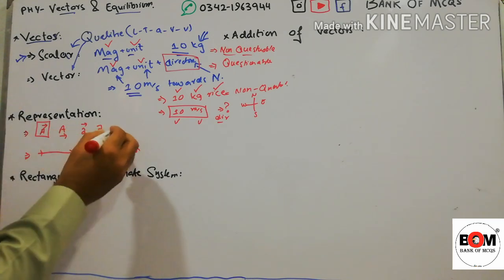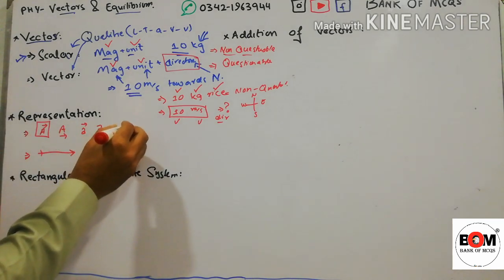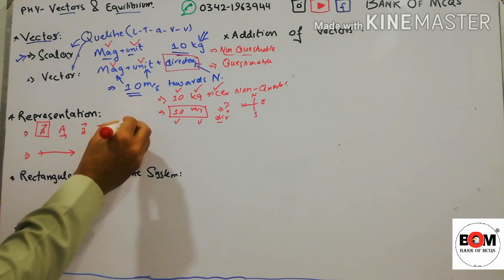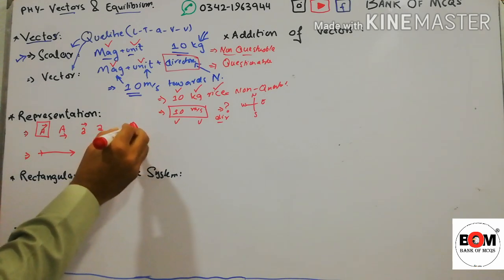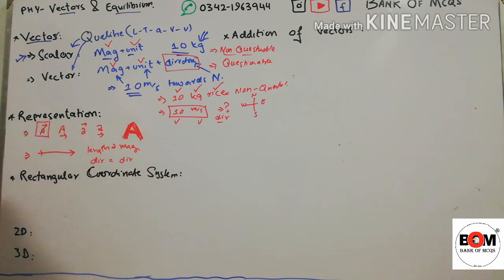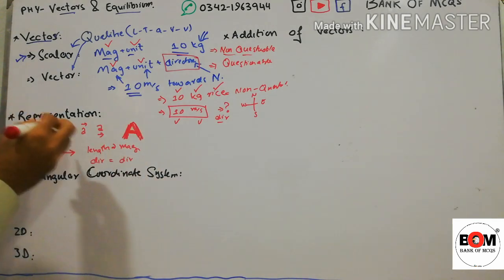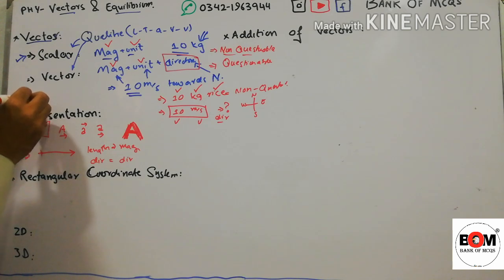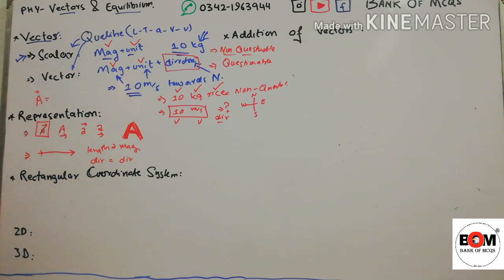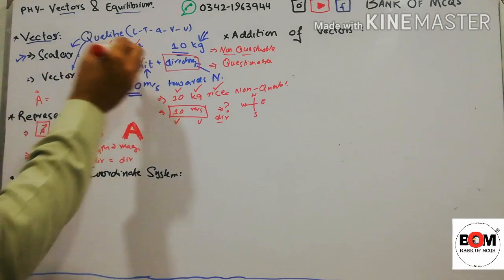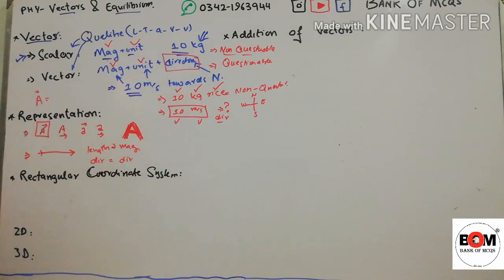The third way to represent a vector is to write the vector in bold. Now a vector is made of magnitude plus unit plus direction.